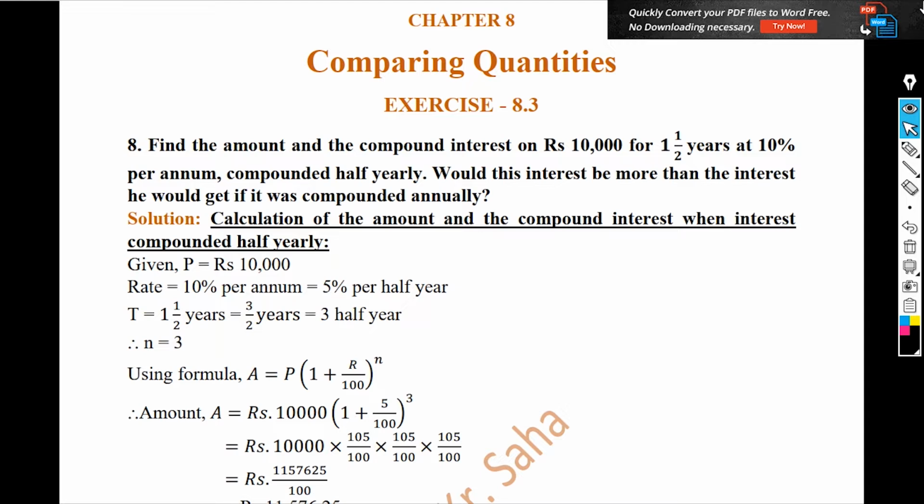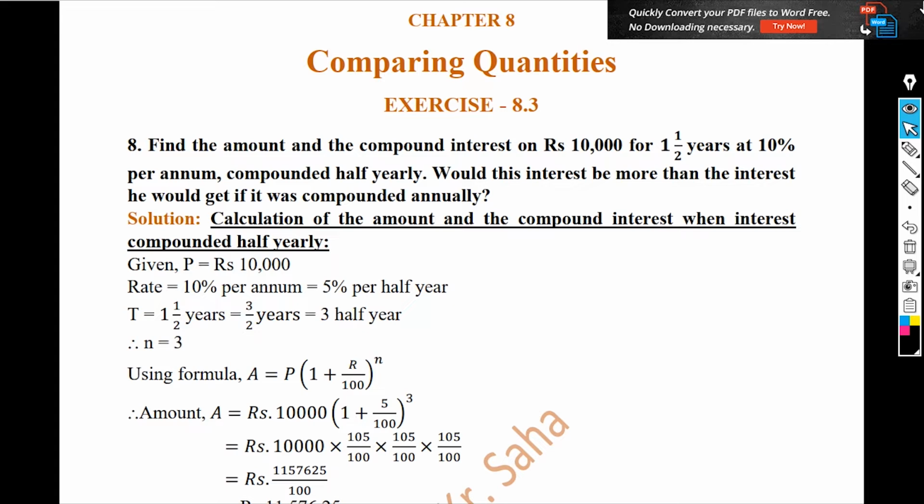Let me explain first the question. What the question says, that is, you have to find both amount and compound interest for rupees, that means principal is rupees 10,000 and time is given for 1.5 year and rate of interest is 10% per annum.